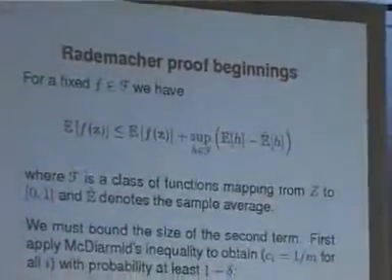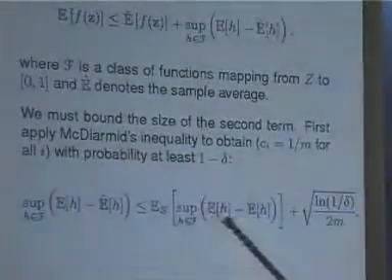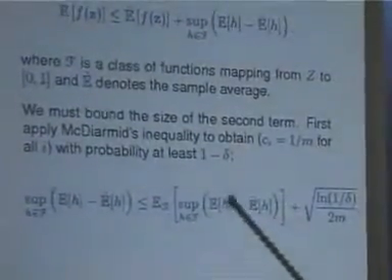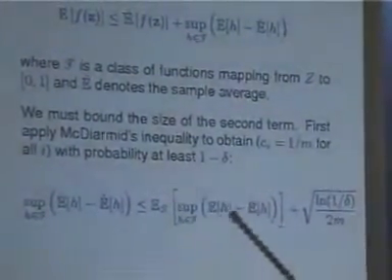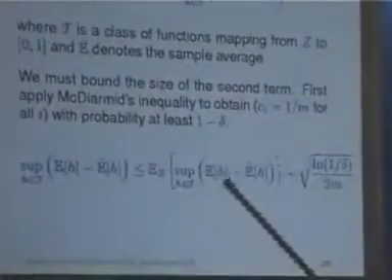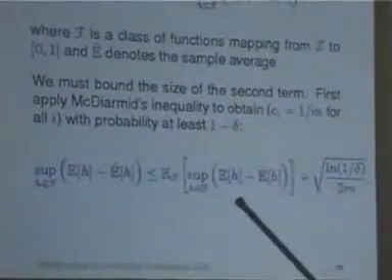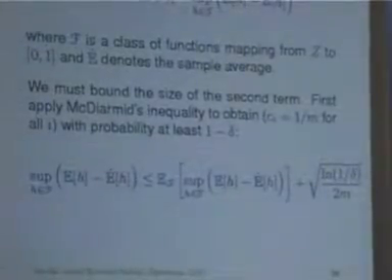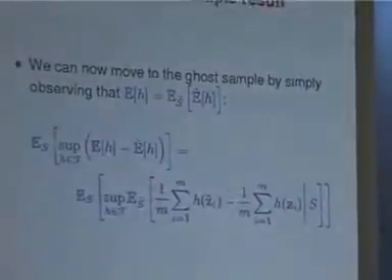What we're going to try and do is the double sample trick. What we've got here is E of h, the true error, and we're going to replace that with its expectation over a ghost sample. And of course its expectation over a ghost sample is the true error, because it's a particular fixed function. So here, the expectation over S of the empirical error is actually the true error.